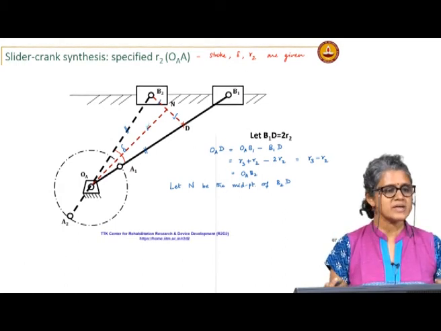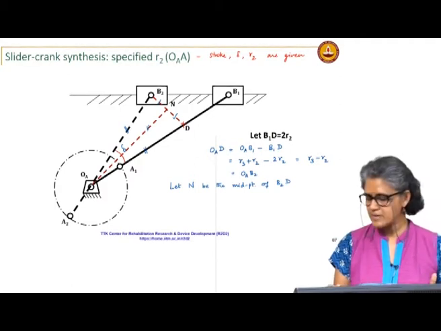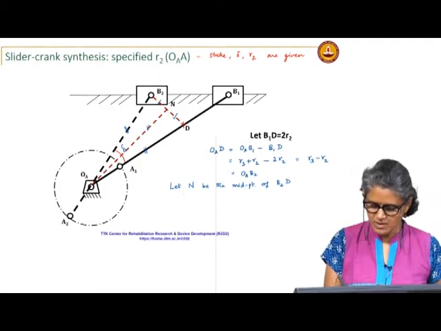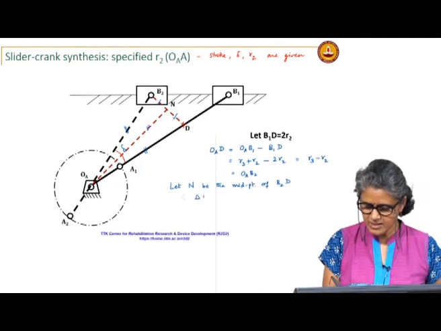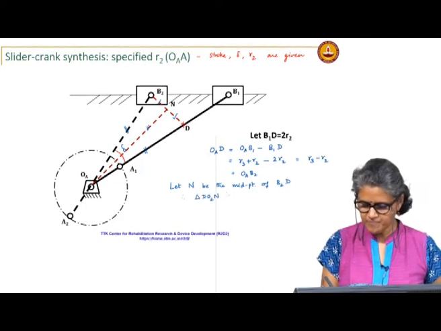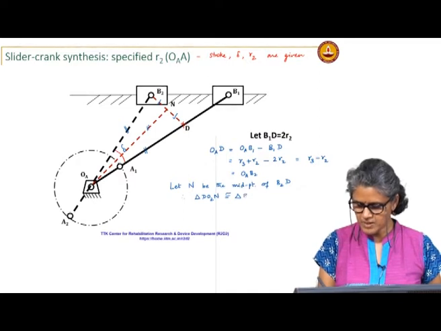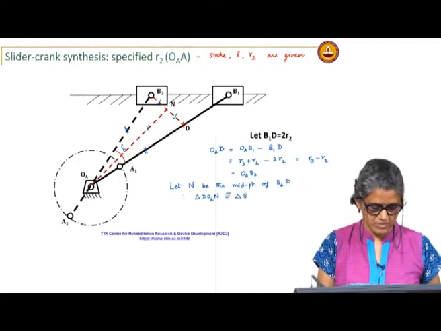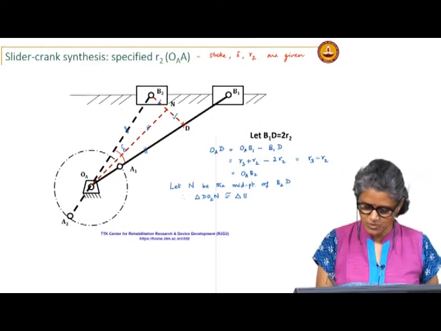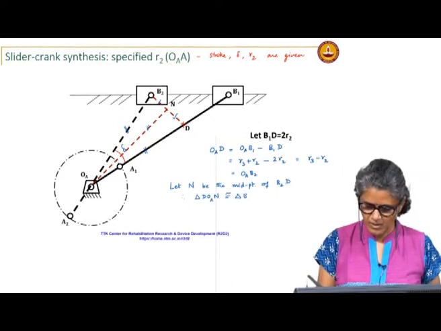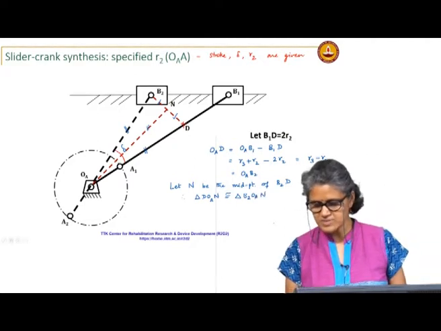So the two triangles are congruent. Therefore, triangle D OA n is congruent to triangle B2 OA n. Those two triangles are congruent.